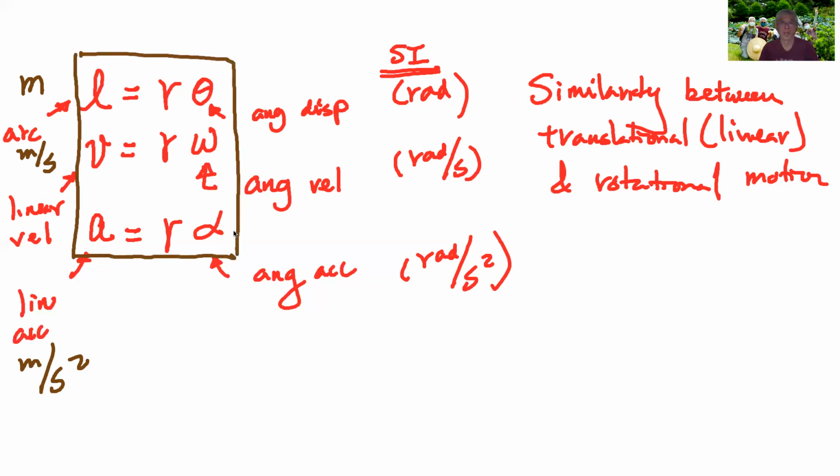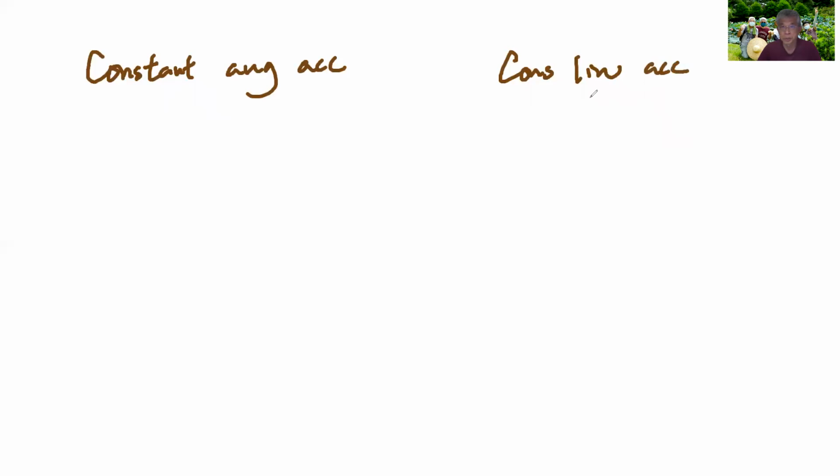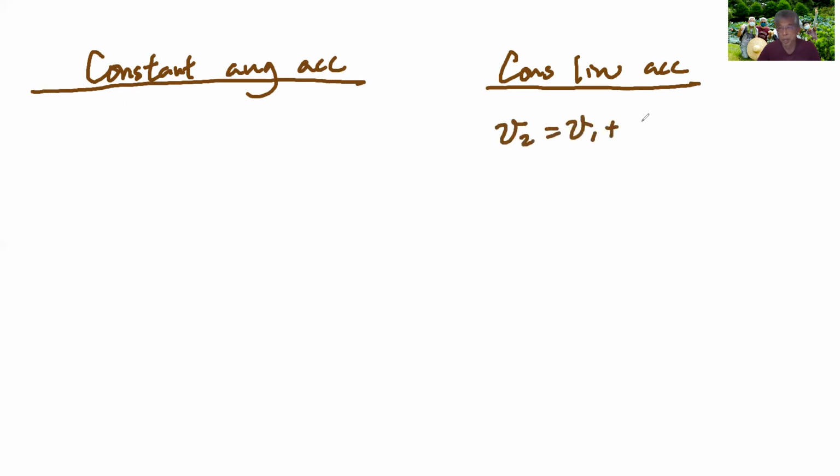Now we're going to extend this to constant angular acceleration motion and constant linear acceleration motion. I'm going to compare them. Remember, in this case we have V2 equal to V1 plus AT.